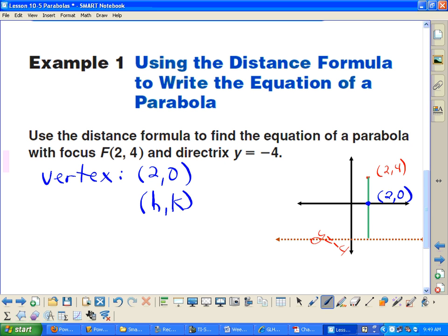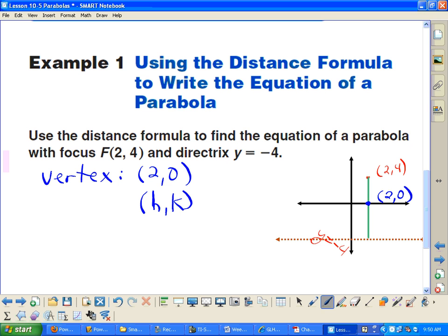Now I need to know which way it opens, and it's very simple. When it opens up, it never goes through the directrix. So could it open down? No. Could it open to the right?